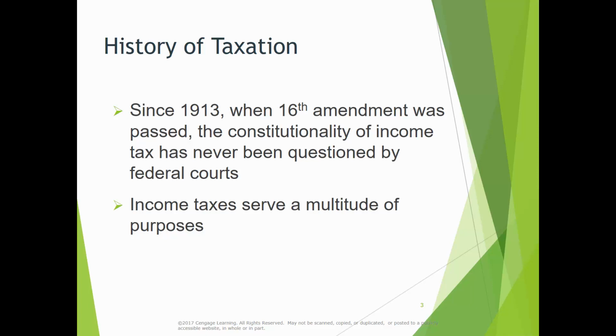Up until 1913, taxes were voluntary in this country. The 16th Amendment was passed in 1913. There have been lots of tax protesters that have tried different tactics and strategies and relied on constitutional premises to avoid paying taxes.